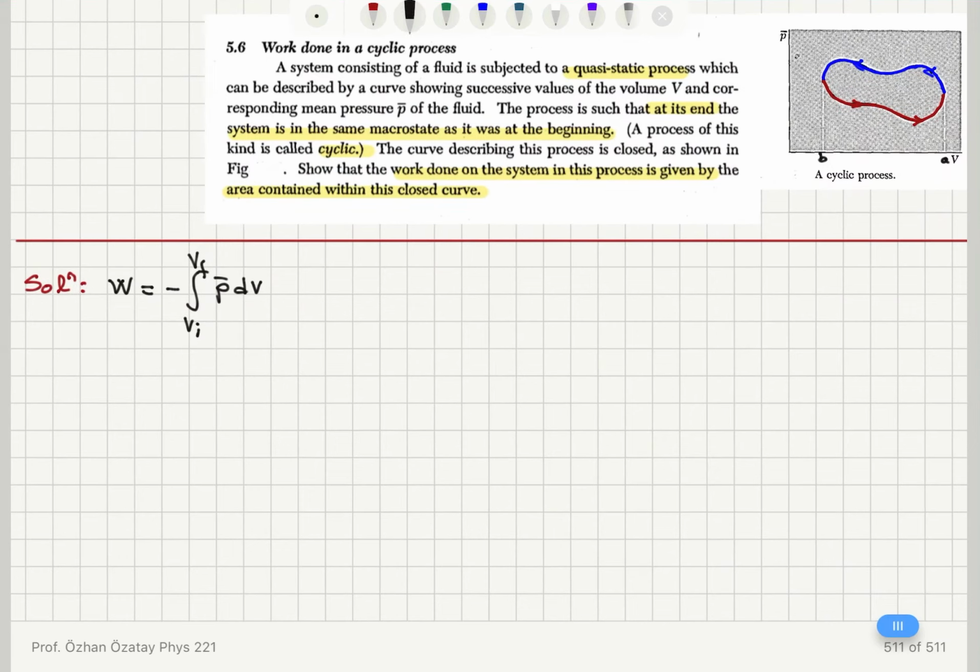So I can see that the work done from point A to point B is minus the integral from A to B of P bar dV. Along this path from A to B, the delta V value is basically negative, so the work will come out to be positive in this case.